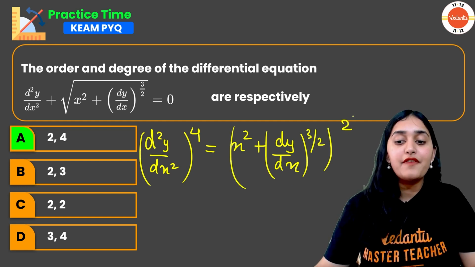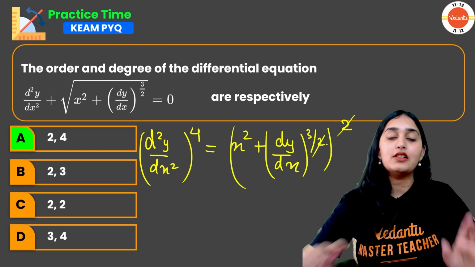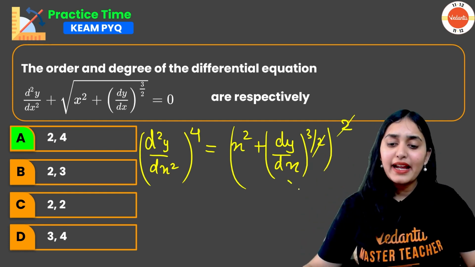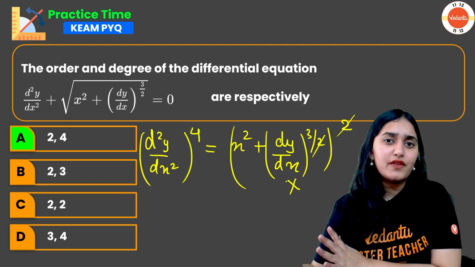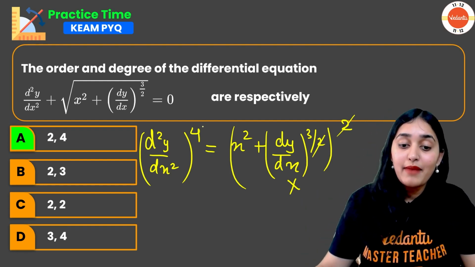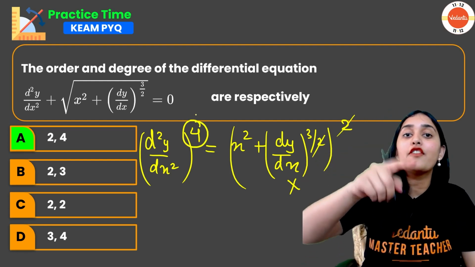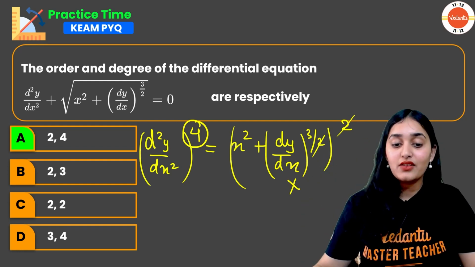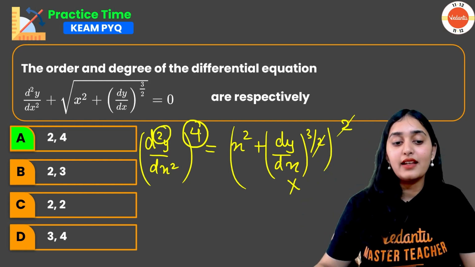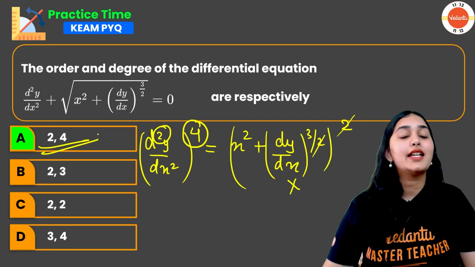Now I know that after doing whole square the power will get cancelled, so it will become a whole number. Now I don't want to find out power of dy by dx. That is not of any concern. My concern was power of d square y by dx square. So now I know order is 2, degree is 4.